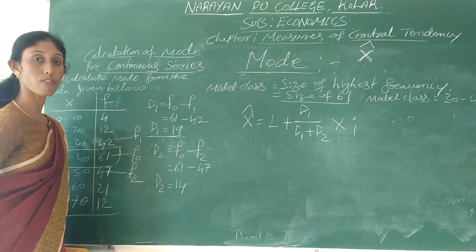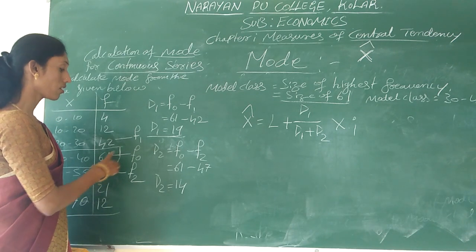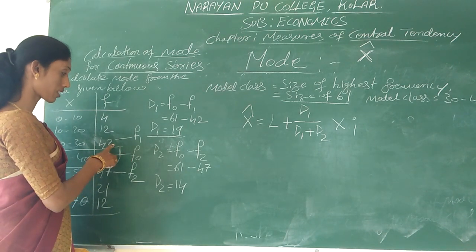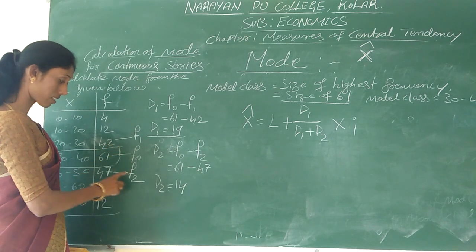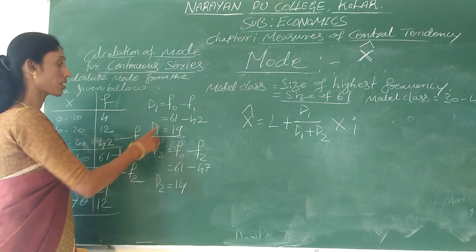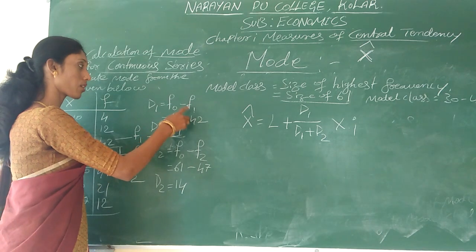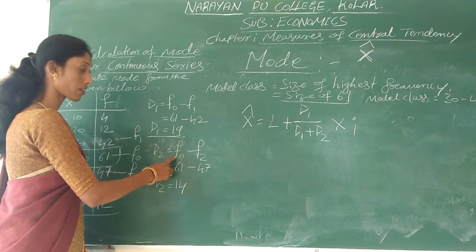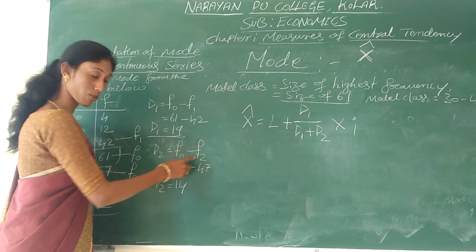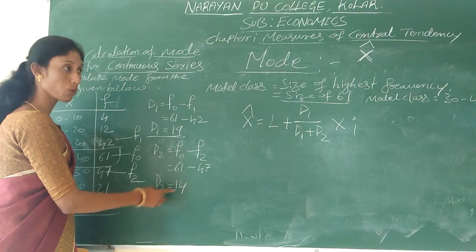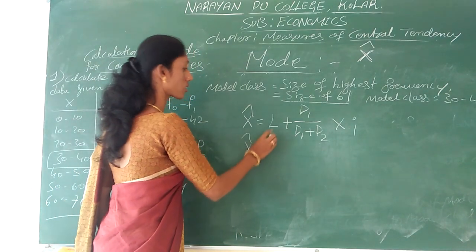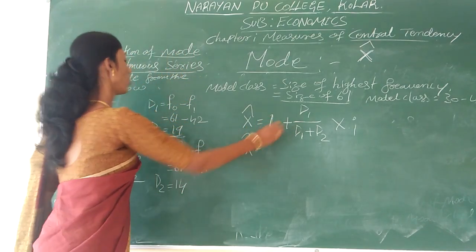Now we'll apply the formula. Firstly, give the mode class frequency as F0, preceding frequency as F1, succeeding frequency as F2. Then find the difference between F0 and F1 to get D1, and the difference between F0 and F2 to get D2. Then apply it to the formula: x hat is equal to L plus D1 divided by D1 plus D2, into h. L means lower limit.